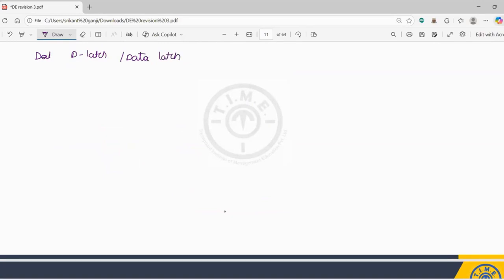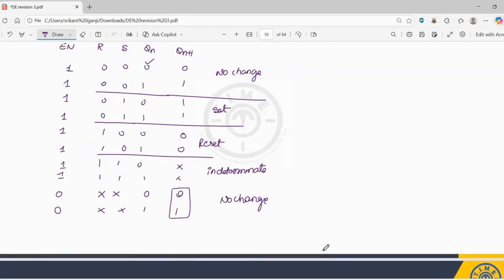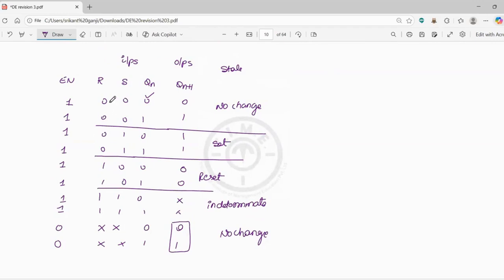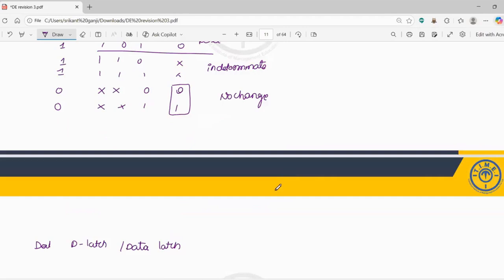So from the truth table of the SR latch, you can observe that if both inputs are the same, the output doesn't change. Yes or no? And if both inputs are the same, the output may be an indeterminate form. But in many practical applications, these input conditions are not required.